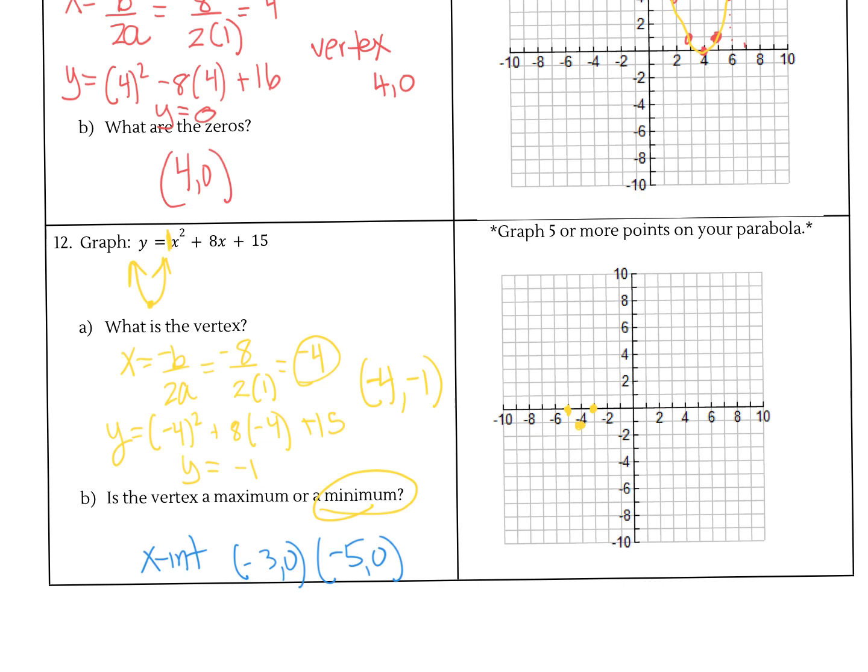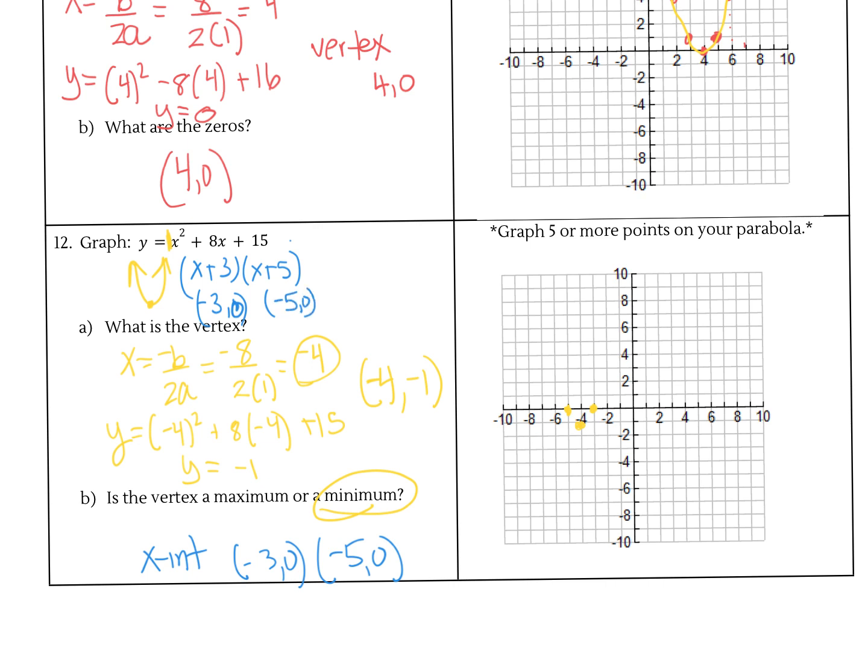Keep in mind that we also could have found them by factoring: what two numbers multiply to 15 and add to 8, that's +3 and +5. And when we take those factors and solve for intercepts, you could see we'd have -3, 0 and -5, 0.